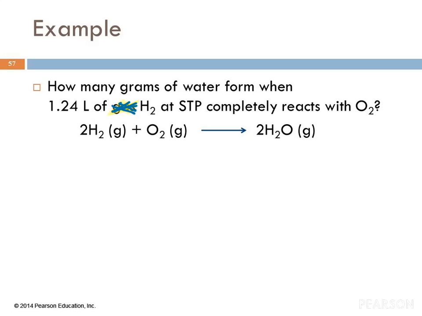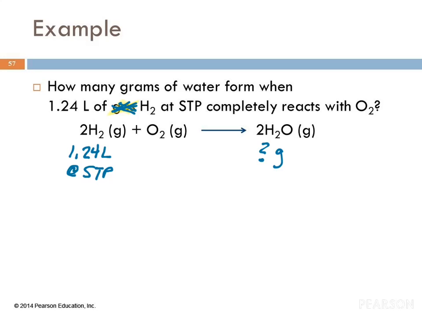So we have 1.24 liters of hydrogen at STP. That's important. At STP. And the question is how many grams of water? So over here, water, question mark, we want grams. Yes, it's a gas, but the question asks us for grams.